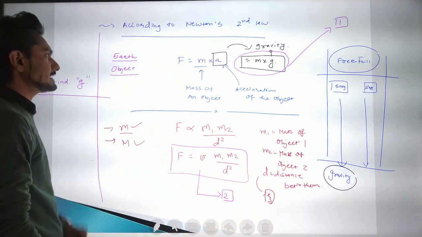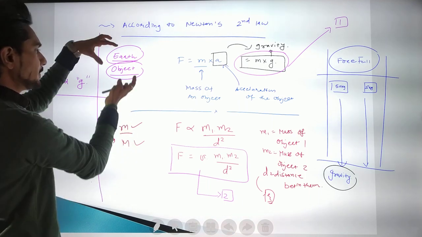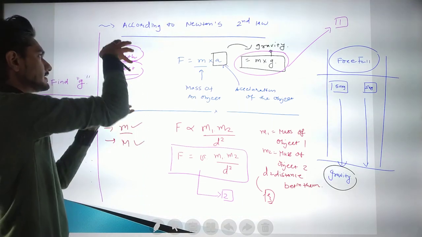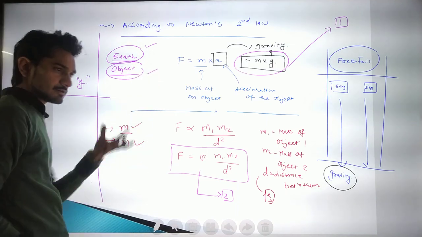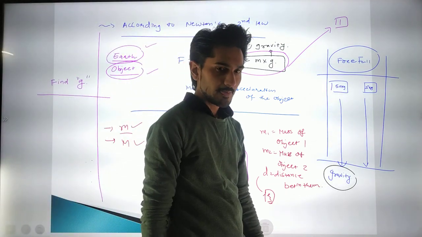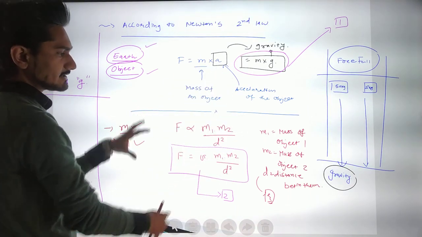We'll compare both. So we'll have to take the mass of the earth and the mass of the object, whatever object we are taking. So let's begin our today's topic, but that is the revision that we have to do.